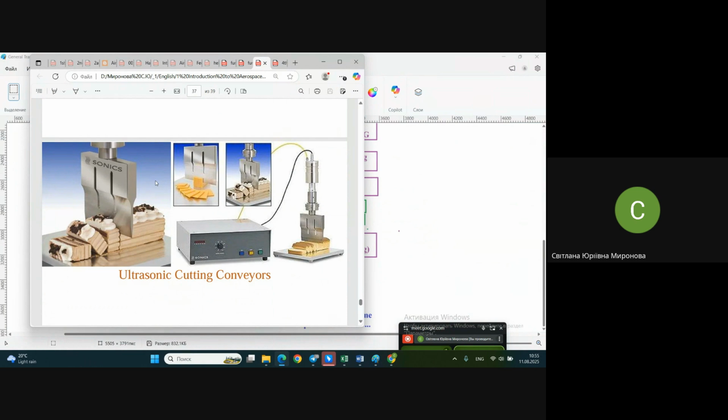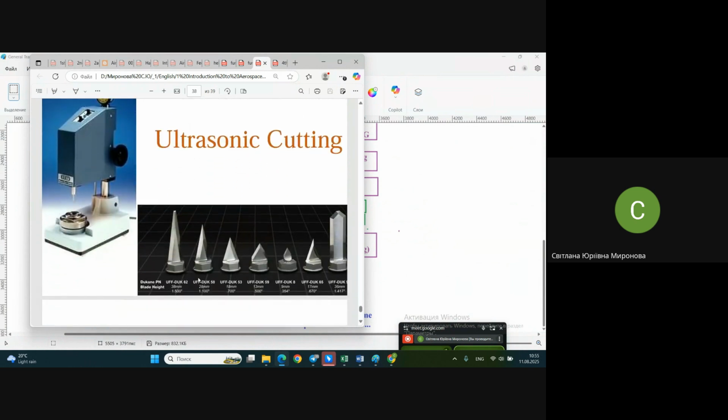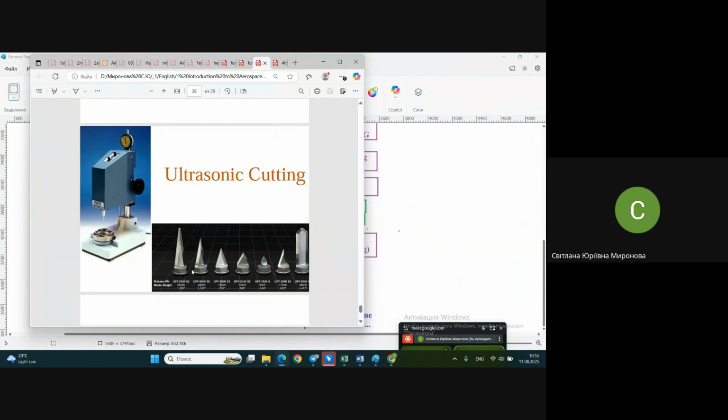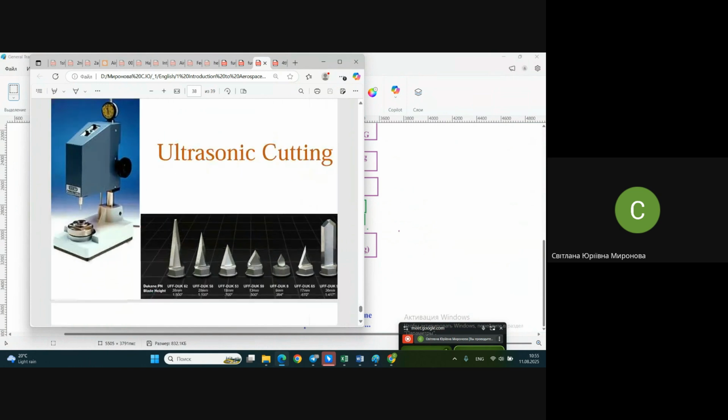And it's very simple equipment. It has this cutting knife, maybe of different shapes. We will see it right now. It's already for metal, you see, an ultrasonic cutting machine. Depending on the knife shape, depending on this intruder shape, you will have either just a cut or a hole of specific shape, or whatsoever you need when it comes to cutting.